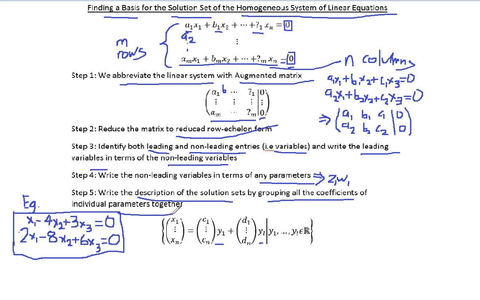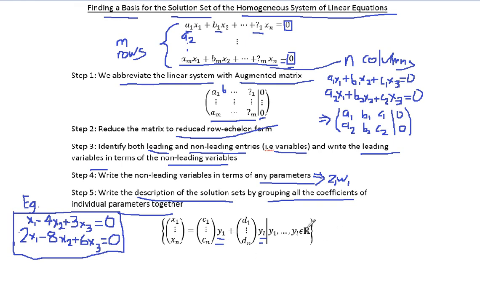That means our parameters, it means x1. So this is all our variables, and then the parameters are here separately. That means initially you get x1 equals c1 y1 plus d1 all the way to yl. Depends on how many column vectors you have.